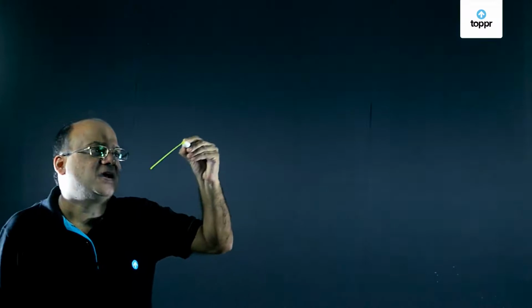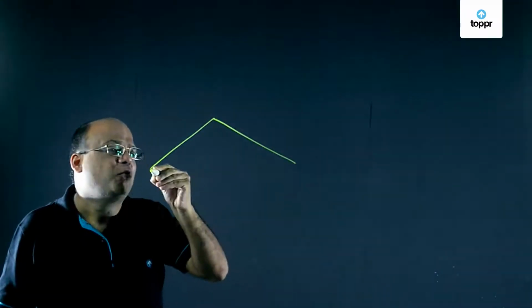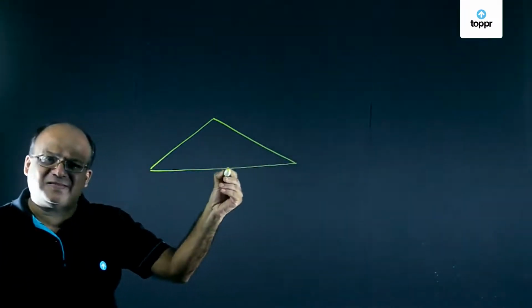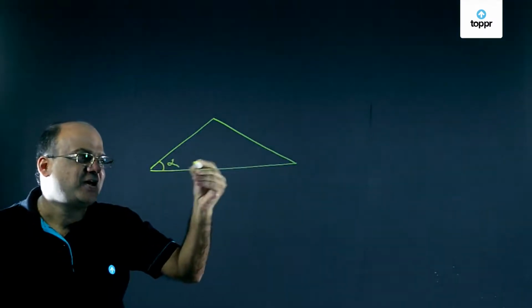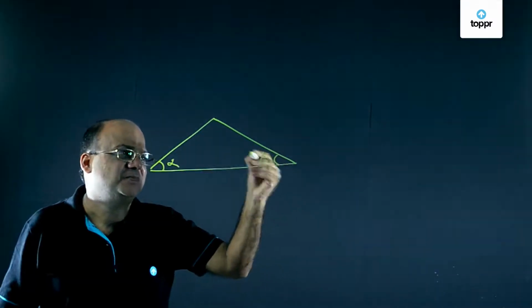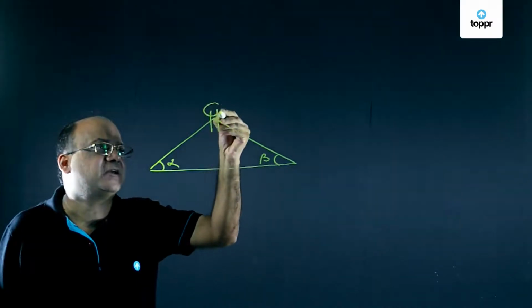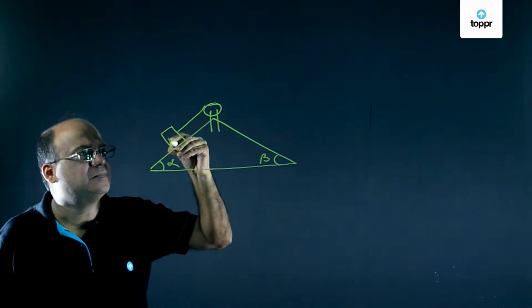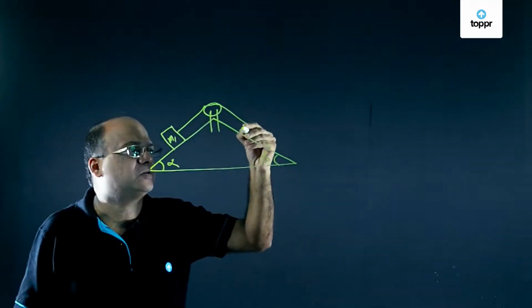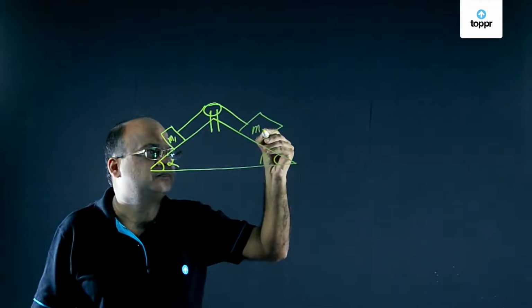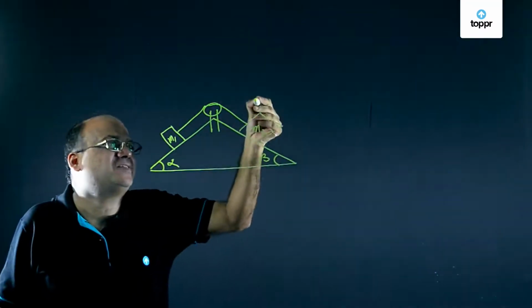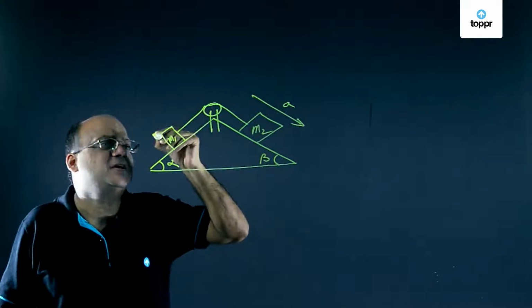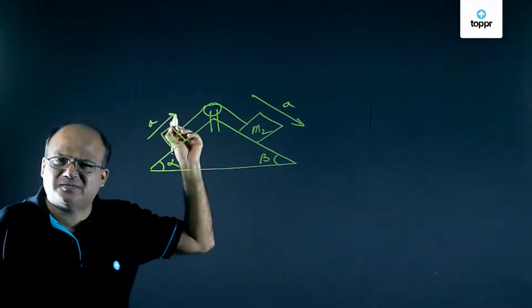Now let us look at one more problem on Newton's laws. Both of these are inclined planes. This angle is say alpha, this is beta. And here is a pulley sitting up the inclined plane. There is one mass m1 here and another mass m2 here. Let us assume that m2 accelerates down the plane, m1 accelerates up the plane.